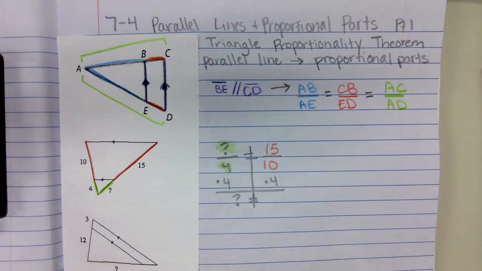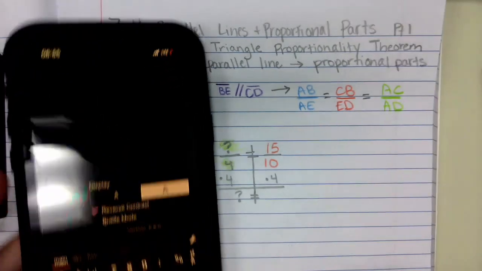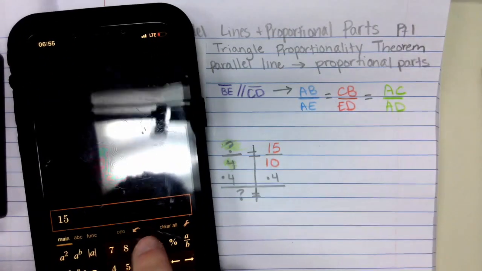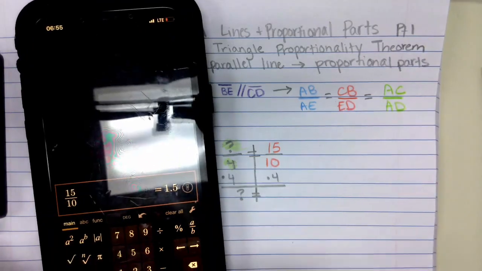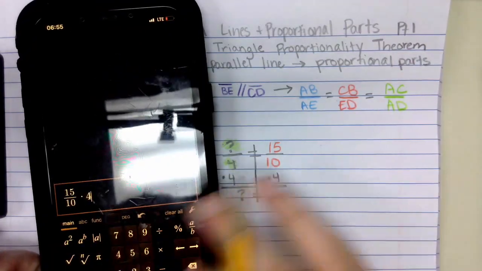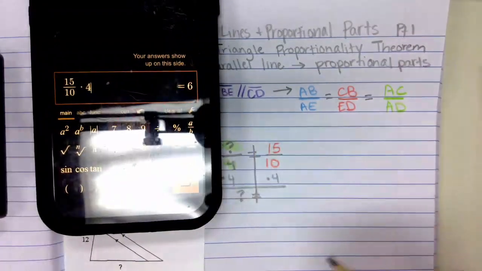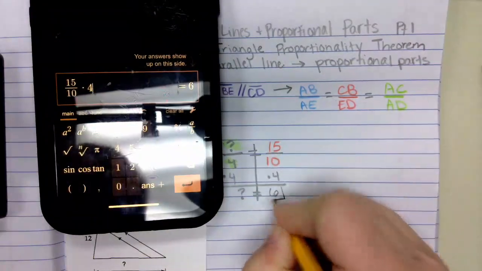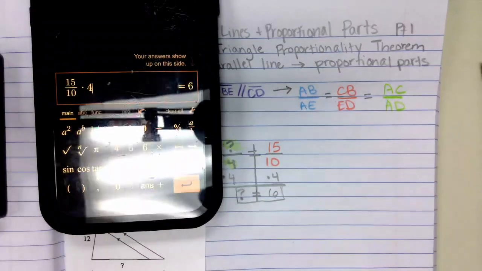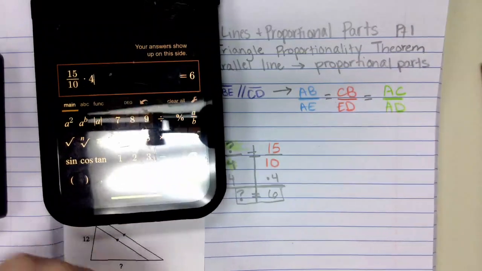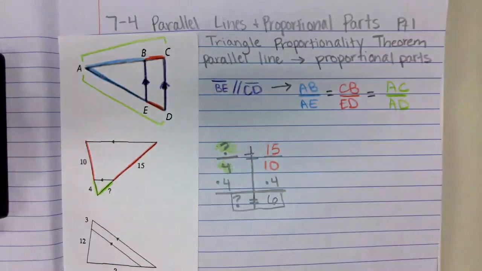And then we're going to use our handy dandy calculator that I didn't have pulled up because I am not prepared. Alright, 15 divided by 10, and then times 4. And we get 6. So question mark equals 6. Beautiful. That's it for that example.